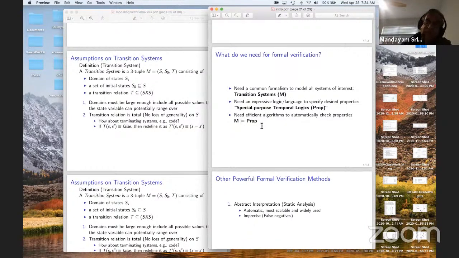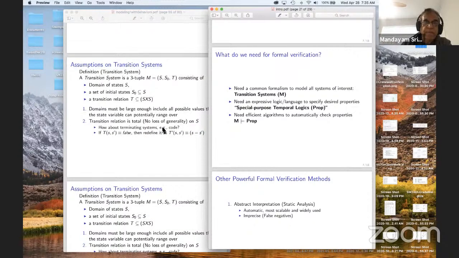And after that, we'll talk about various ways to check, given a model and a set of properties, whether the model satisfies the properties. So what I'm going to talk about today is models, the transition system formalism as a way to formally model the kinds of systems that we want to analyze.